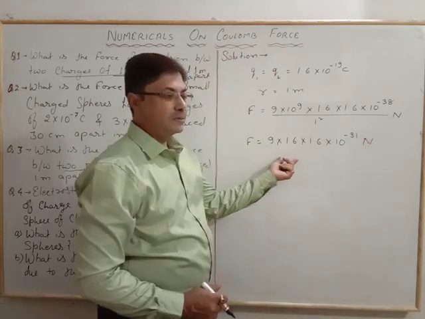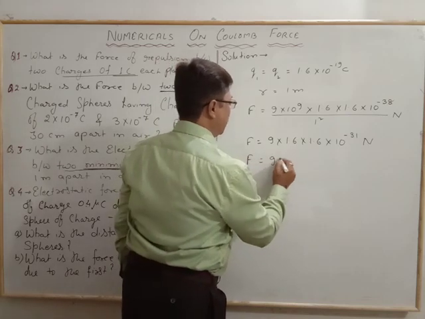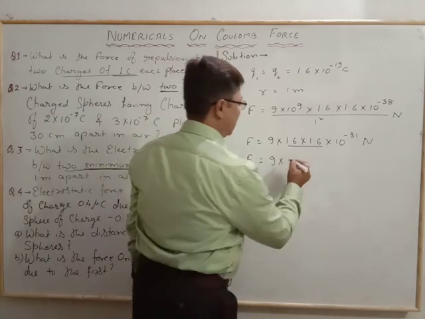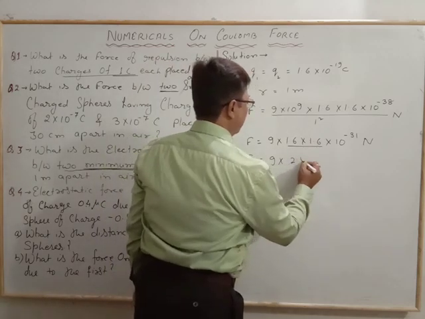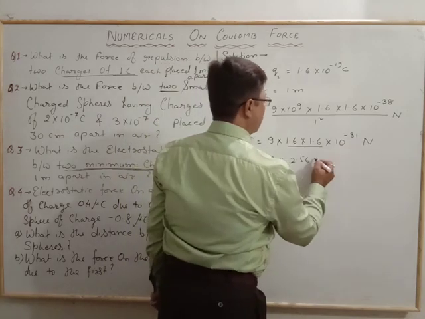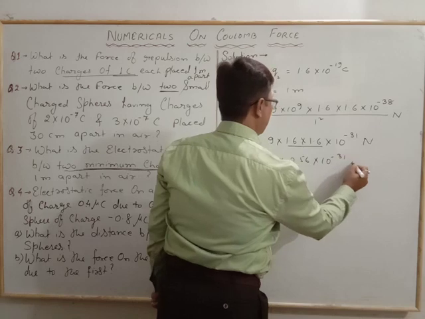Now just solve this: F is equal to 9 times the multiplication of 1.6 into 1.6, that is 2.56, into 10^-31 newton.